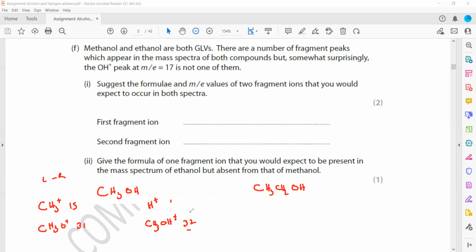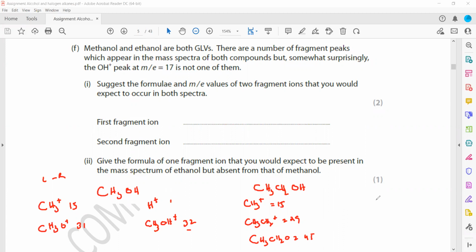Now for ethanol, when we break from left to right, this will be CH3, so 15, or CH3CH2, 24 plus 5, that is 29. Or we might get CH3CH2O, 24 plus 5, 29, and 29 plus 16, so that will be 45.